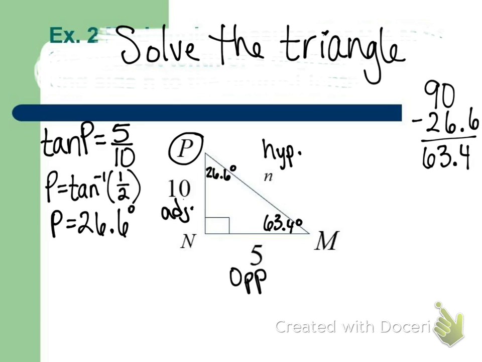You can use a trig function, which is what we've been doing on our worksheets. We would set up something like the sine of 26.6 is equal to opposite over hypotenuse, right? And cross multiply and solve.